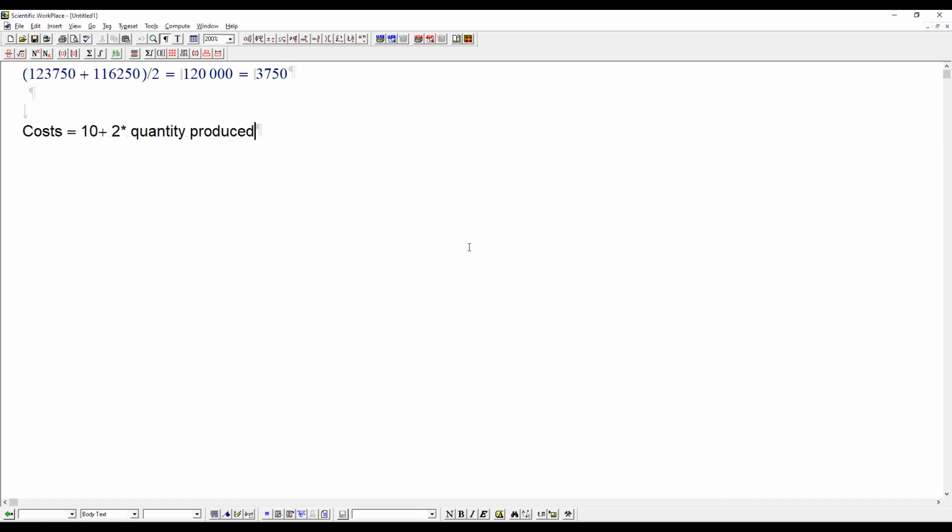So then what is the marginal cost? It is equal to just 2. It's the derivative. It's the cost divided by the quantity.